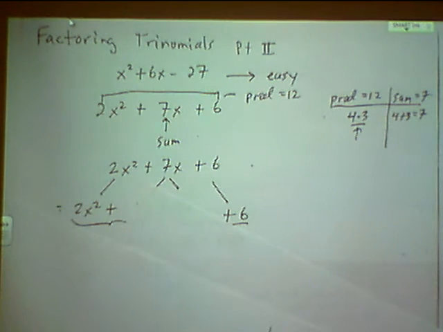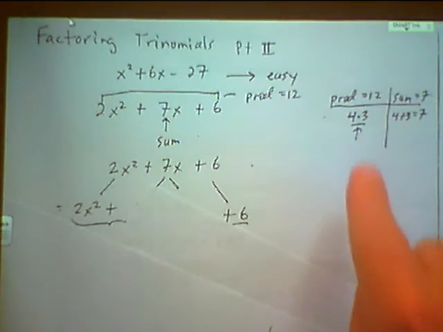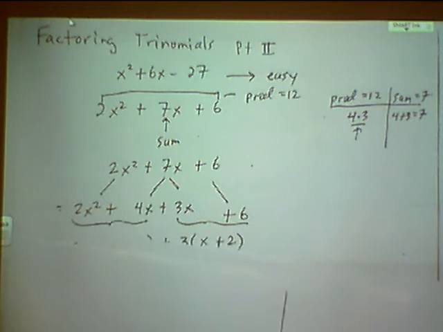So you write the first and last terms again, and then the middle term, 7x, I'm going to split up into two terms, using these factors of 3 and 4. So the 7x gets split up into 4x plus 3x. And that 4 and 3 were the two factors from my problem. So that's how you go about starting to factor these kinds of problems.